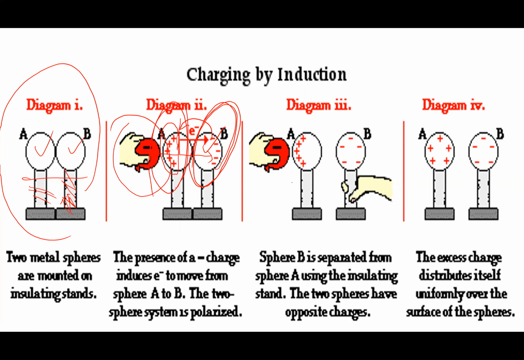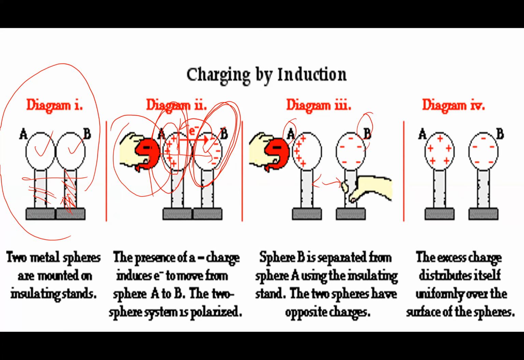Then body A and body B are separated from each other. Sphere B is separated from sphere A using the insulating strands.